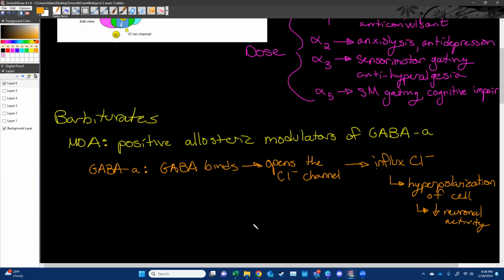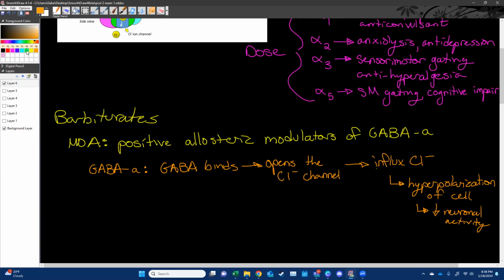A lot of times this could be glutamate, serotonin, dopamine, a lot of different things. But essentially, GABA receptors are turning down the activity of the brain by making everything super, super negative, right?